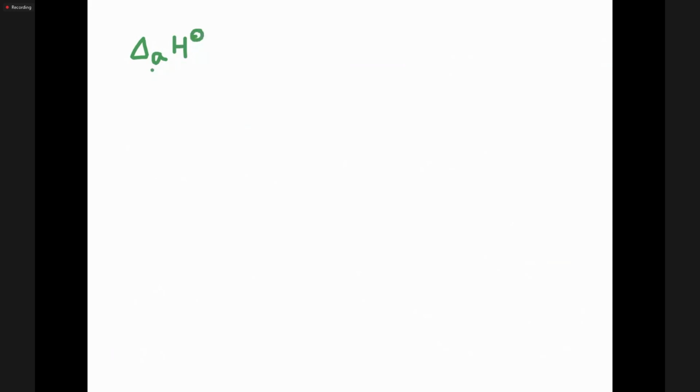In this delta aH minus, the a stands for atomization, and the minus stands for the standard state. Now, what do we actually mean by the atomization procedure?